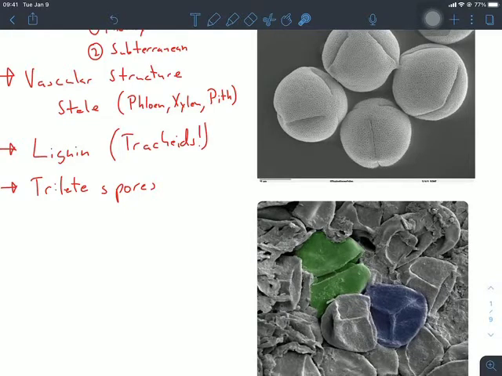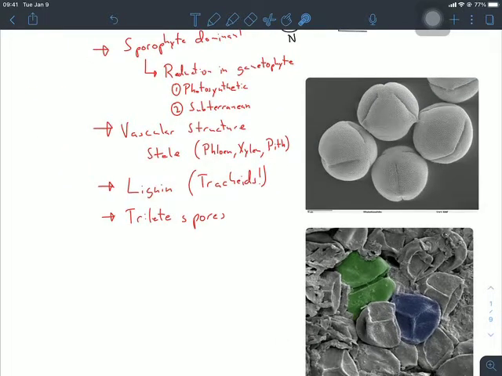Meaning that tough exterior is what creates these grooves in development. So we see very similar structures in terms of how these plants, hundreds of millions of years apart, were developing because they inherited a lot of that secondary cell wall structure in their spores.